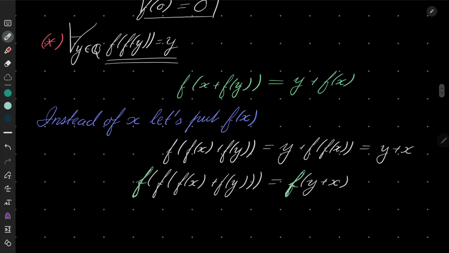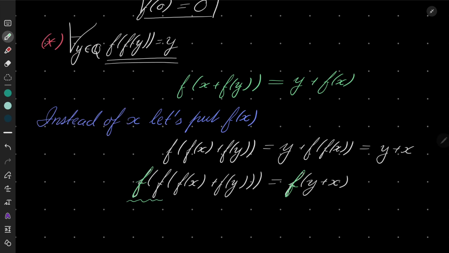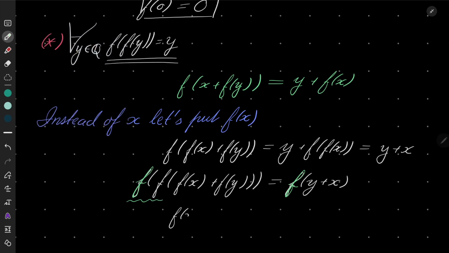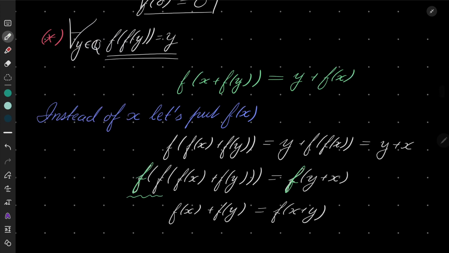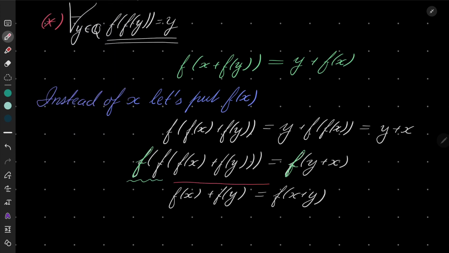And now let's look here. Here we have f composed with itself, and again by our condition, which I marked asterisk, we know that it's just f of x plus f of y equals f of x plus y. Lo and behold, this is exactly Cauchy's functional equation.